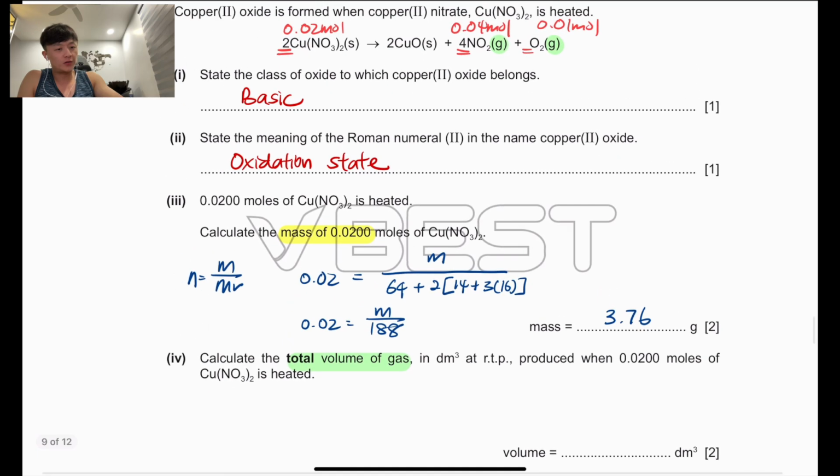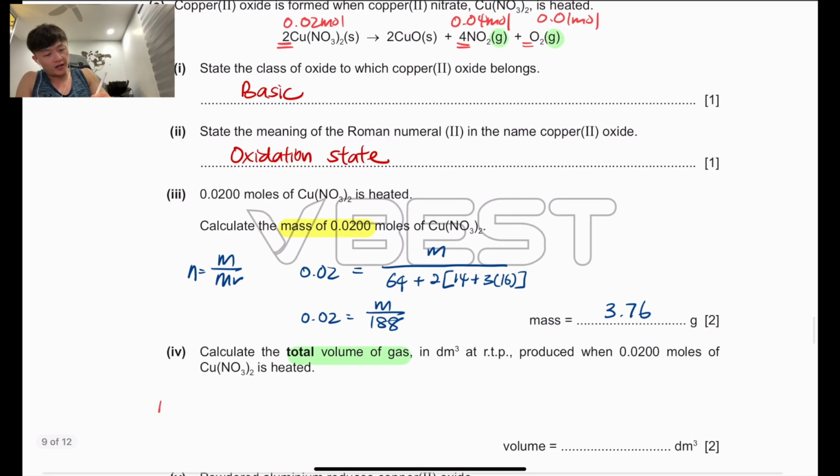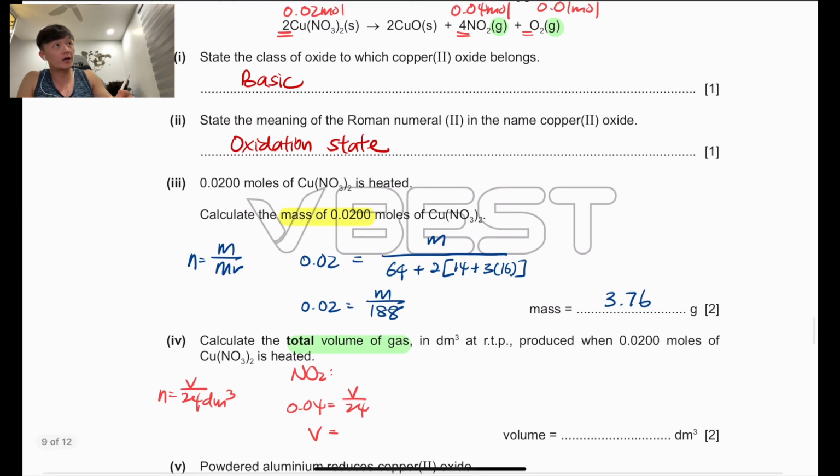Okay, so what's the formula again? n equals volume divided by 24 dm3. Volume of NO2, isn't it? What do you get? 0.04 equals V over 24. So V, you get 0.96 dm3. For O2, 0.01, so volume, you get what? 0.24.